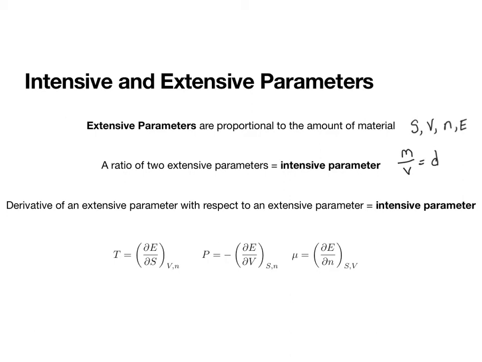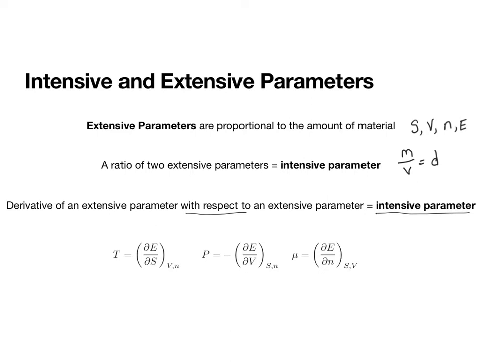Now, we talked about in the last video how in thermodynamics we are really looking at the change that's happening. And so derivatives are what we have to use. It turns out that the derivative of an extensive parameter with respect to another extensive parameter results in an intensive parameter.